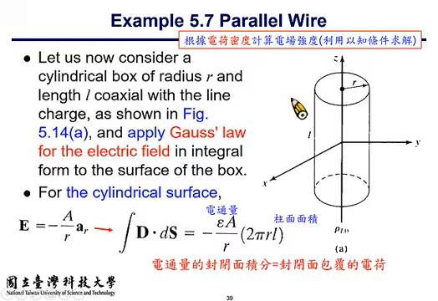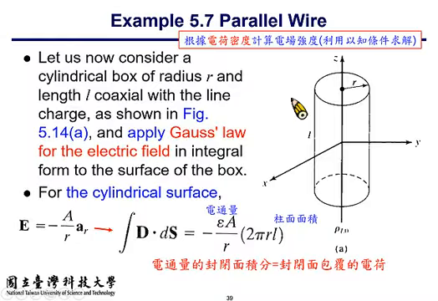This is the electrical flux density, which is the product of electrical field intensity and the permittivity. And what is this part? This is 2 pi R L, the surface area of this cylindrical structure, right?